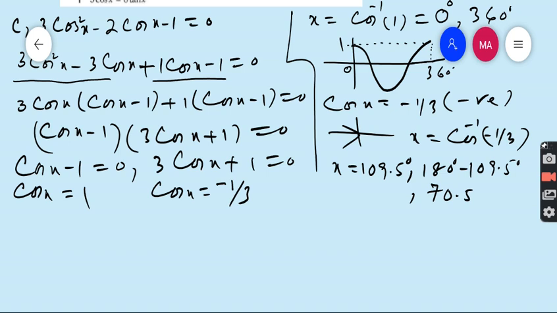Hence, our desired angle is 180 plus 70.5, and this is 250.5.